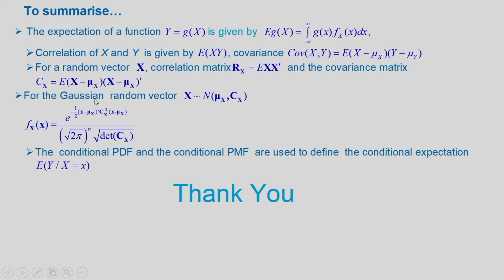And we introduced the n-dimensional Gaussian random vector X. It is a normal distribution with mean vector mu and covariance matrix C_X, and this is the PDF of the Gaussian random vector. The conditional PDF and the conditional PMF are used to define the conditional expectation. Finally, we define the conditional expectation E of Y given X equal to small x. It can be defined in terms of the conditional PDF and conditional PMF. In the next lecture, we will discuss the linear algebra of random variables.